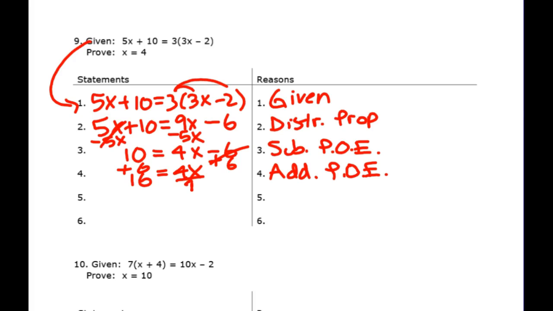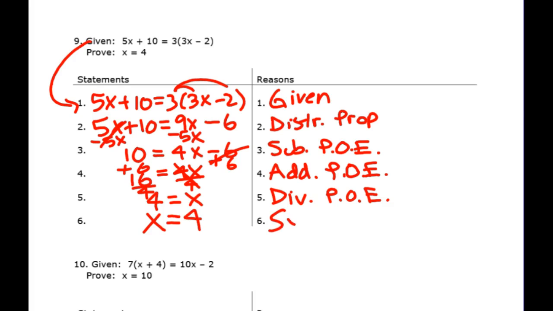So divide by 4, divide by 4. 16 over 4 is 4 equals x. Since I divided, that's the division property. Then my last step, I need to switch the order. It needs to be x equals 4. Anytime I switch the entire equation, that's called the symmetric property. Okay. Let's look at number 10.